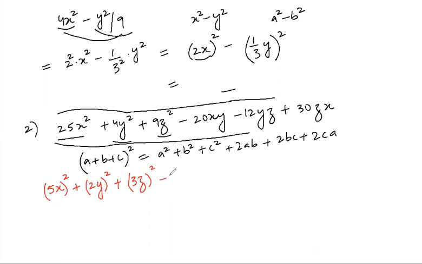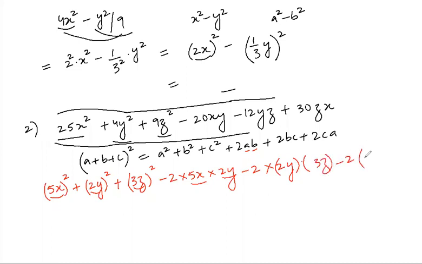And now you can go for minus 2 into, this is your first term, second term, and third term. Minus 2 into 5x into 2y. Similarly, minus 2 into now a into b, and then comes b into c. So it's like 2y into 3z, minus 2 into 3z into 5x.